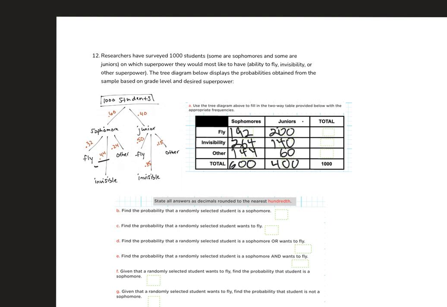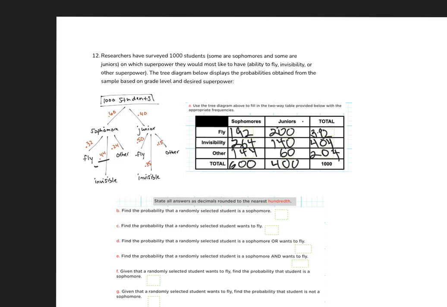Now we can also create the row totals, which would give us here 392. Here we would get 404. And here we would get 204. And just confirming, 204 plus 404 gives us 608, plus 392 gives us 1,000, so that works.